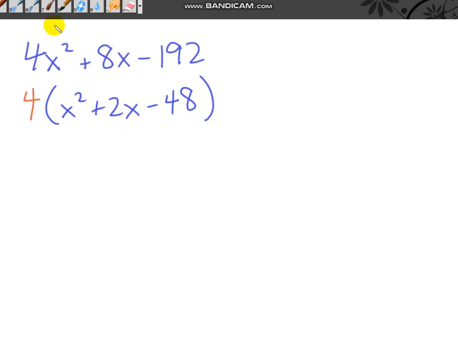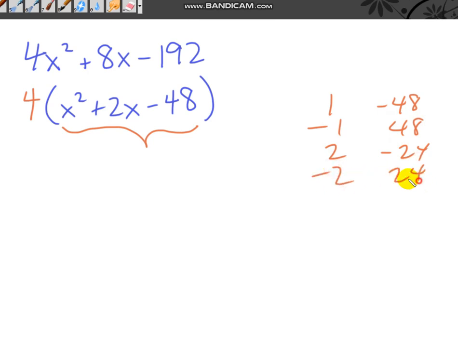Okay, so next what we need to do is, again, only consider the expression in the parentheses. We're trying to find two numbers that multiply to negative 48 and add up to positive 2.